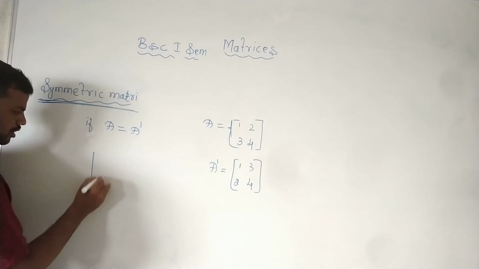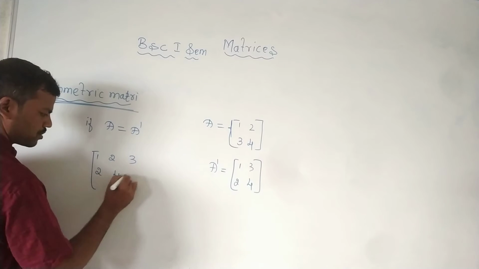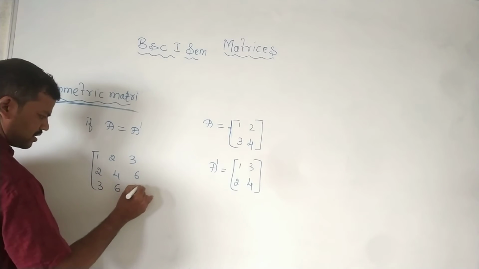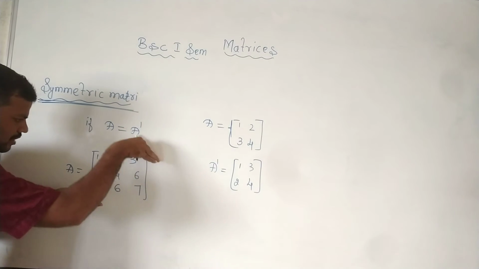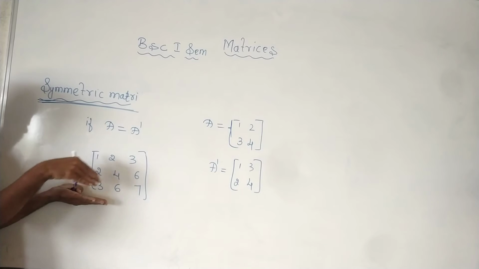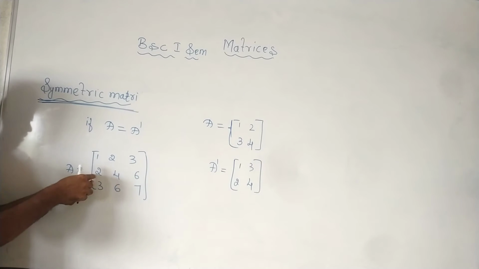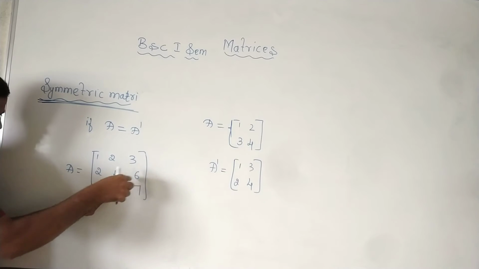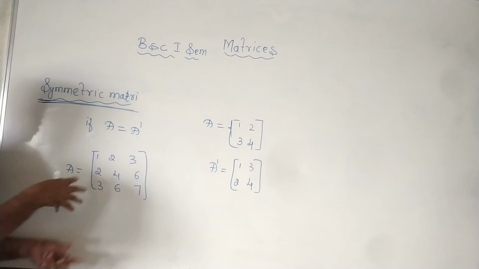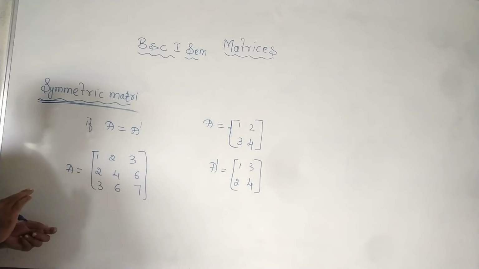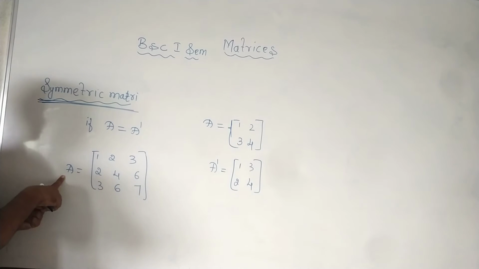For example, take 1 2 3, 2 4 6, 3 6 7. It is a square matrix. If you fold it along the principal diagonal, 2 falls on 2, 3 on 3, 6 on 6, the same. So it is called a symmetric matrix.